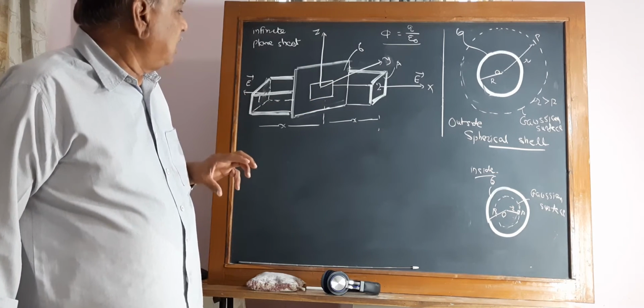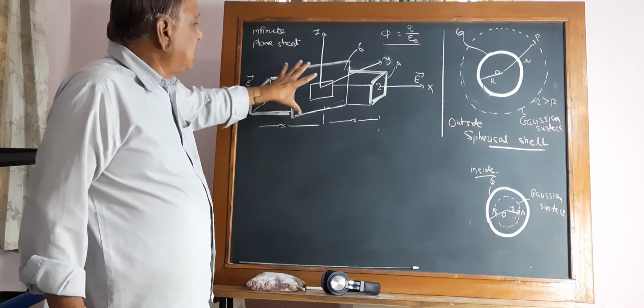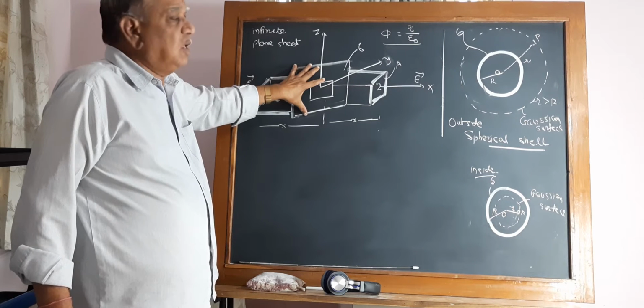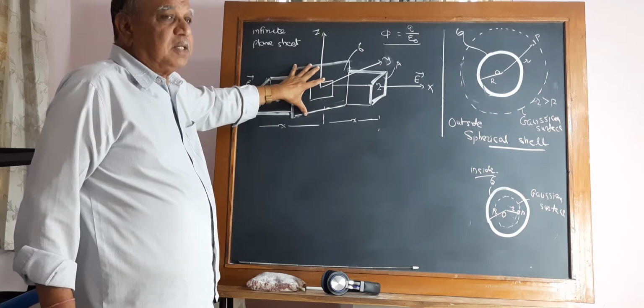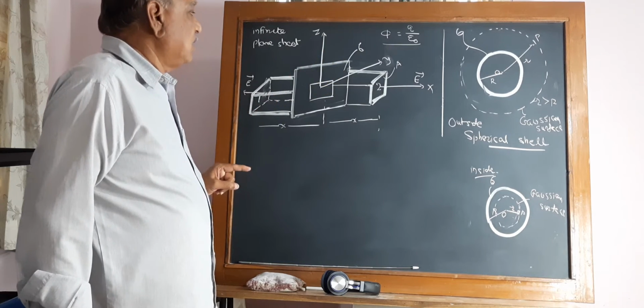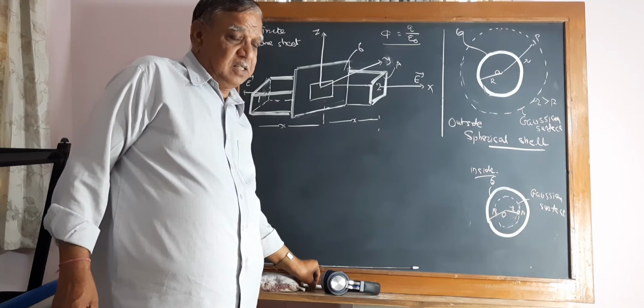Here, as shown in the figure, we have taken an infinite plane sheet with surface charge density sigma. Sigma is the surface charge density.